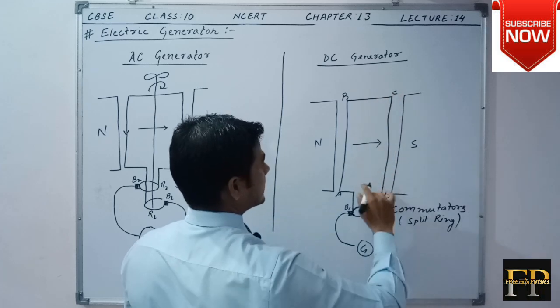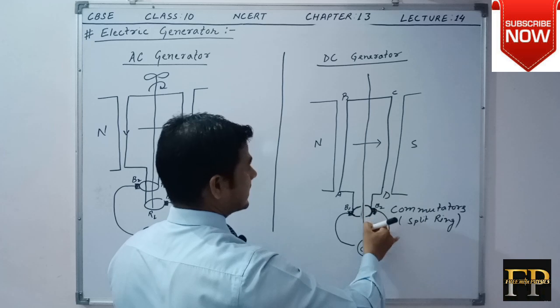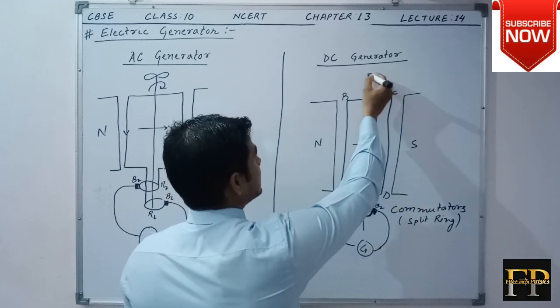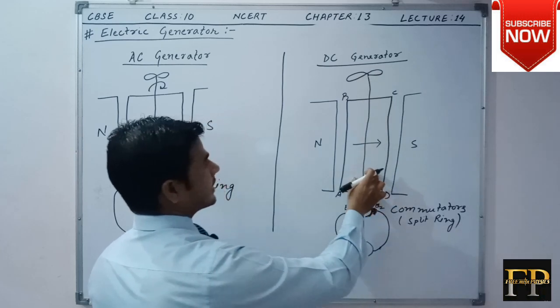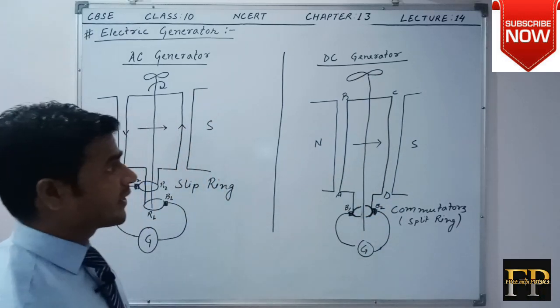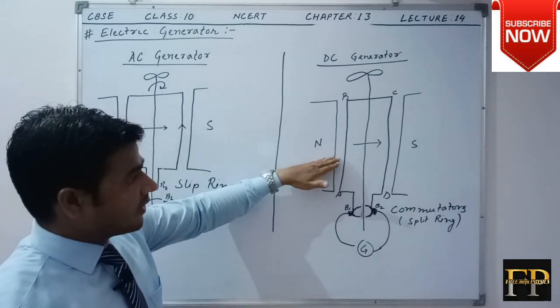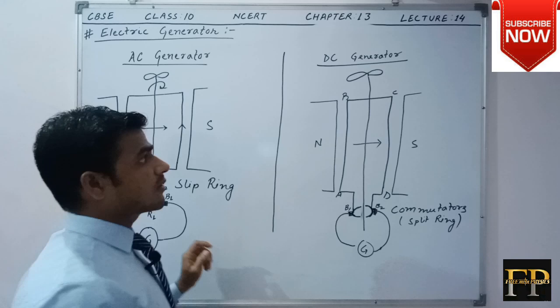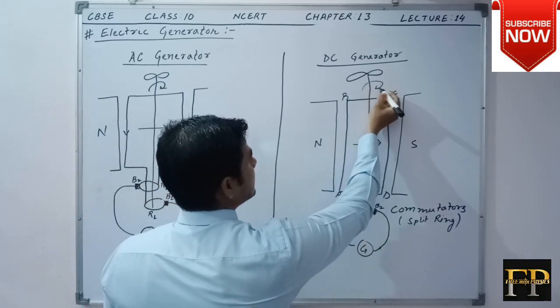In between this rectangular coil there is a shaft, and this end of the shaft is connected to the turbine which rotates this rectangular coil. Suppose we move this rectangular coil in clockwise direction.